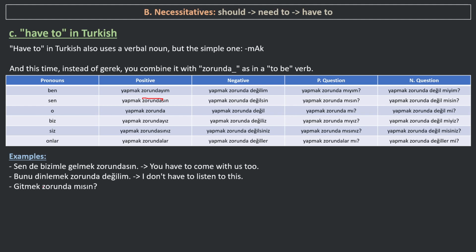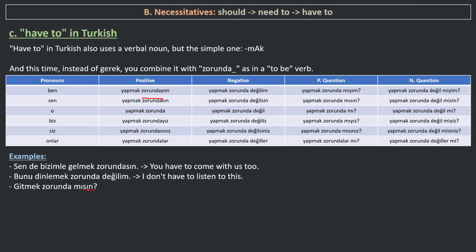Okay, and the final example, gitmek zorunda mısın? So, zorunda mısın? Question, as you can see, the question mark, yes, also the question particle mı. After the question particle, we see sın here. So this tells us the person.